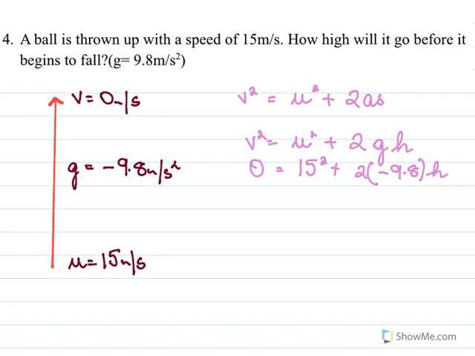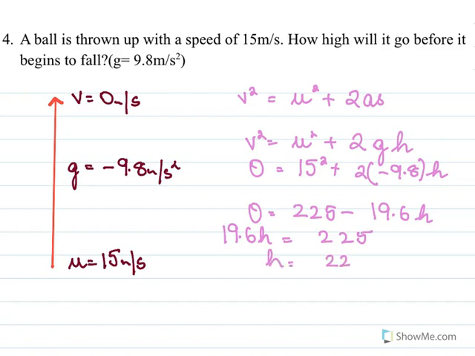The height is, we do not know. So 0 equal to 15 square is 225, and this will be minus 19.6 H. I take 19.6 on the other side, so 19.6 H, the minus becomes plus, it becomes 225. So H is 225 over 19.6. You calculate this, you get 11.4 meter.